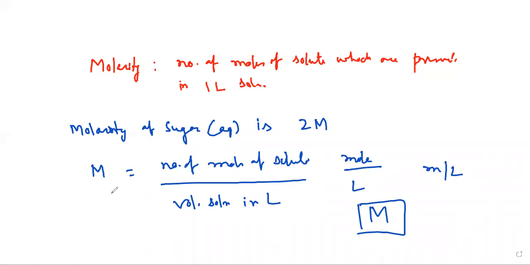So write down some questions and do them as a task. We don't have much time, so find the molarity of 40 gram of NaOH dissolved in 250 ml solution.